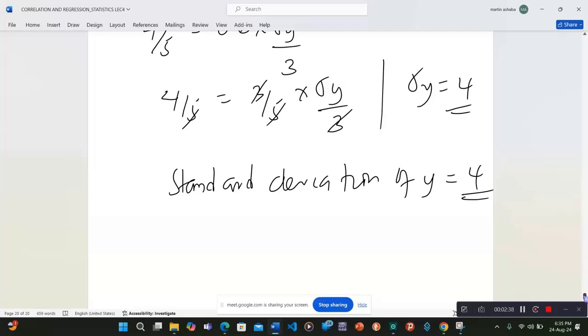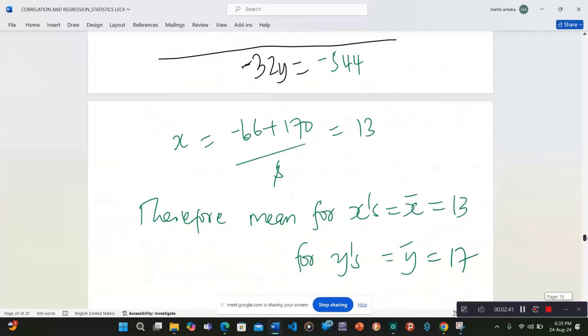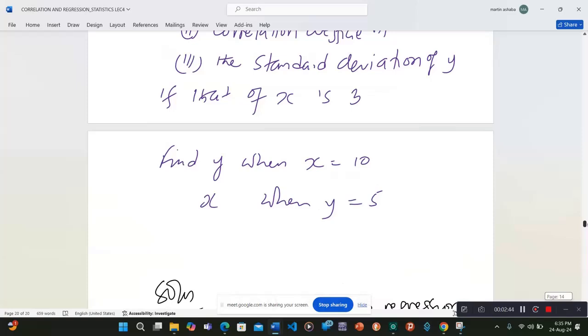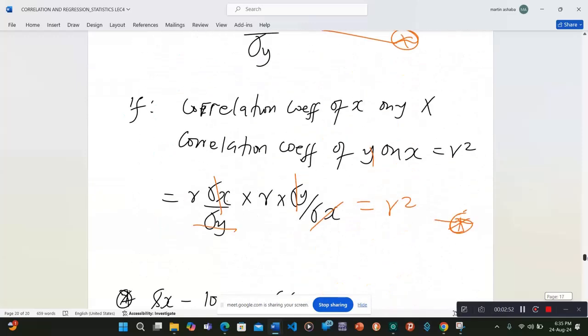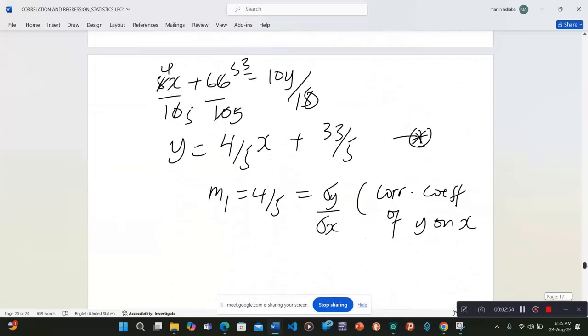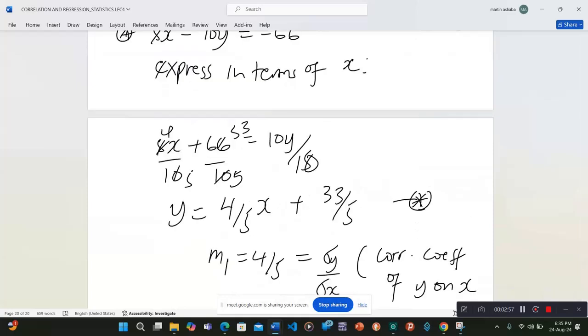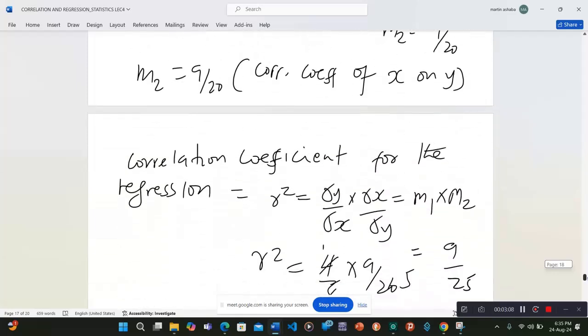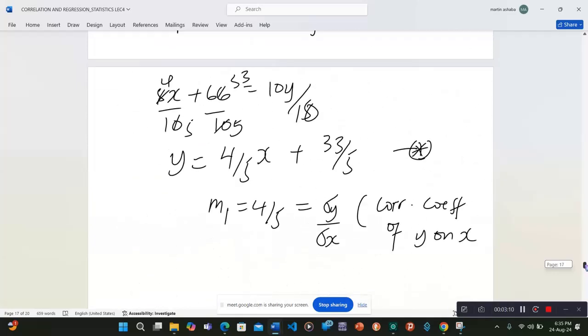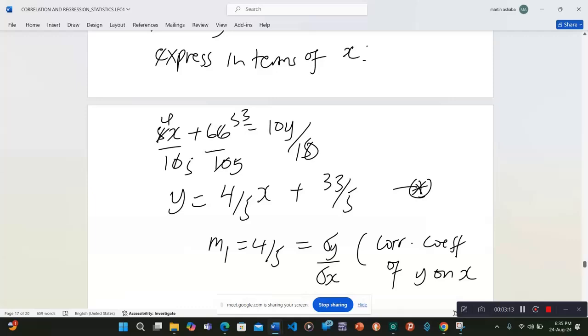So that's how you can attempt this problem. Now, to find the value of y when x is equal to 10, you just come to this equation, one of the equations, and determine the value of y when x is equal to that. Then the value of x when y is that, you just substitute in any of those equations.